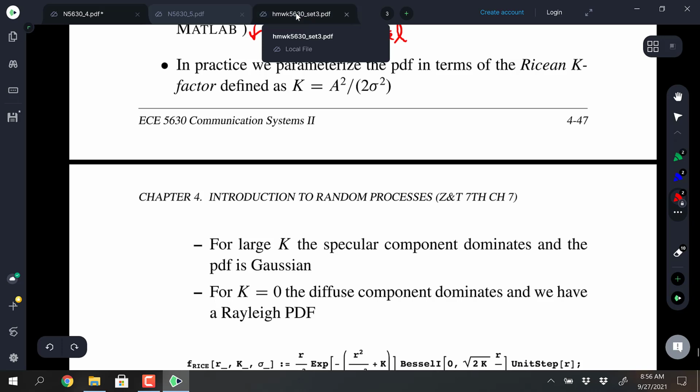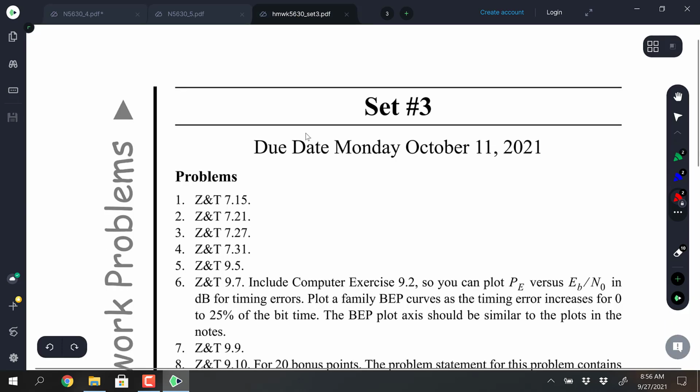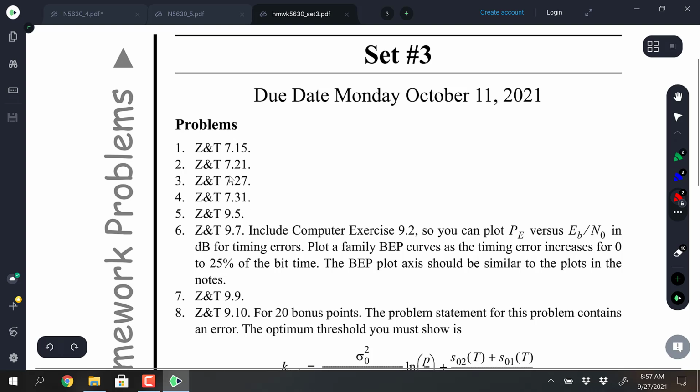Before I move on, there are a few relatively simple problems remaining from the random process chapter. One of them's noise equivalent bandwidth. One of them's in-phase quadrature bandpass noise. I think another is autocorrelation.